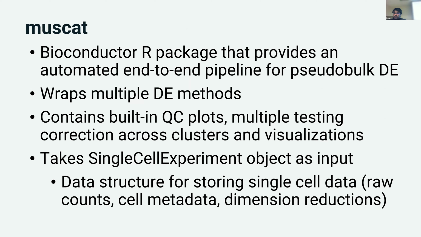And it wraps proven tools like edgeR, DESeq2, and limma-voom. All of them are built in, so you just pick which one you want to use. And it also contains built-in QC plots, multiple testing correction across clusters, and visualization functions.